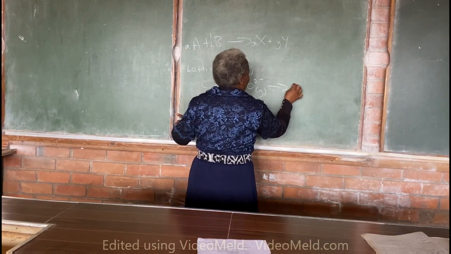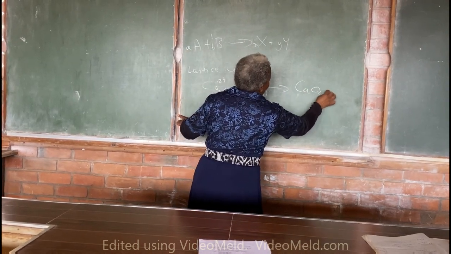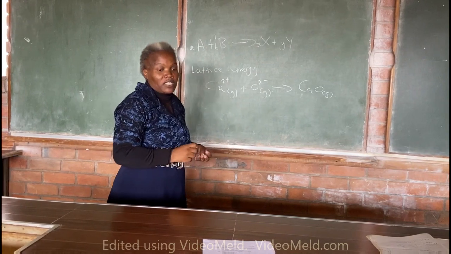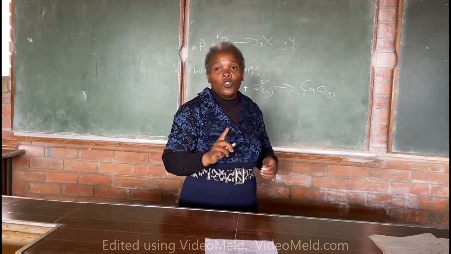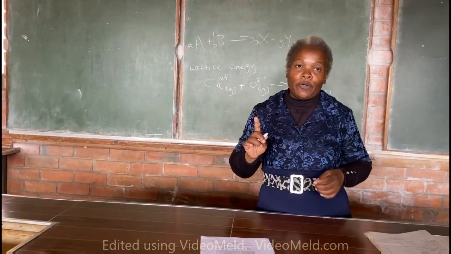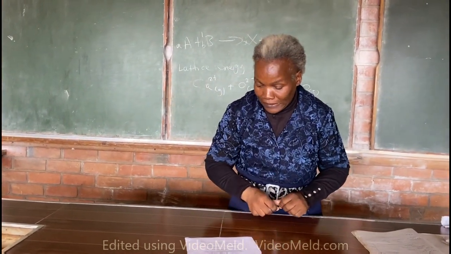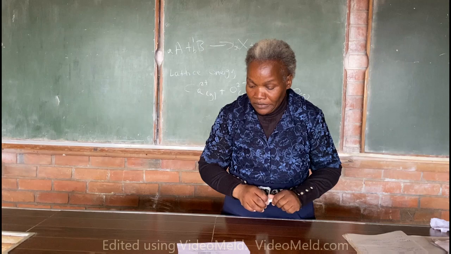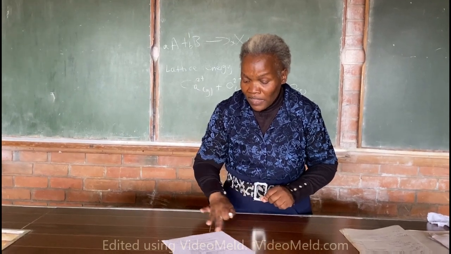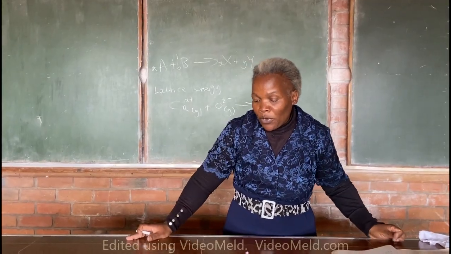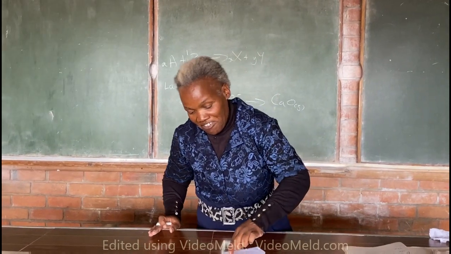And if this happens, we form CaO solid. So in chemical energetics, it's very essential for you to put the state symbols for you to gain the full marks.